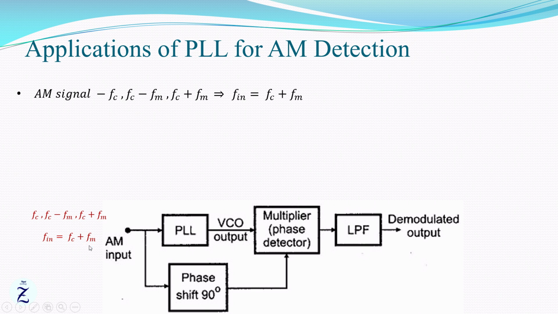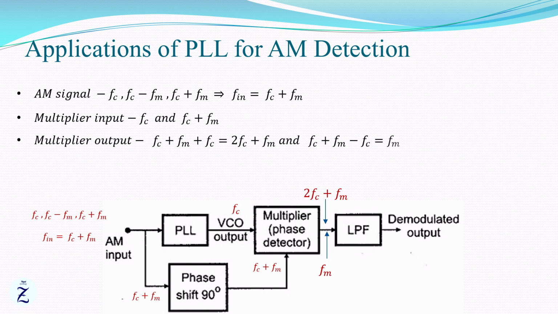Hence, the multiplier output will contain the signals having frequencies f_c plus f_m plus f_c, which is equal to 2f_c plus f_m, and f_c plus f_m minus f_c, which is equal to f_m. Then the low pass filter connected at the output of the multiplier rejects the high frequency components. In this case, it is 2f_c plus f_m. Hence, we will get the demodulated output, which is the message signal having frequency f_m. This is how an AM demodulator using PLL works.